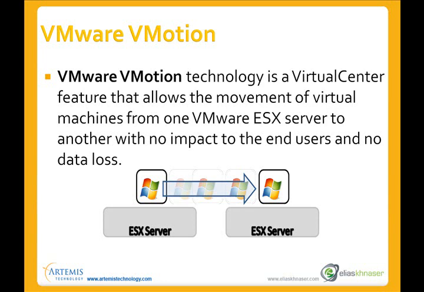The ability to take a virtual machine that is fully functional online and move it from host A to host B without an interruption in service to the user. That was truly amazing. Today we're talking about the technology of, yeah, whatever, it's old stuff. But when it first came out, it was really amazing to be able to take a virtual machine and move it while it's online without powering it off from host A to host B. In a nutshell, it's a live migration between hosts.